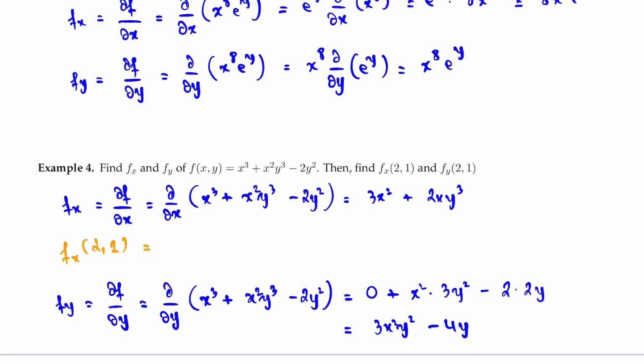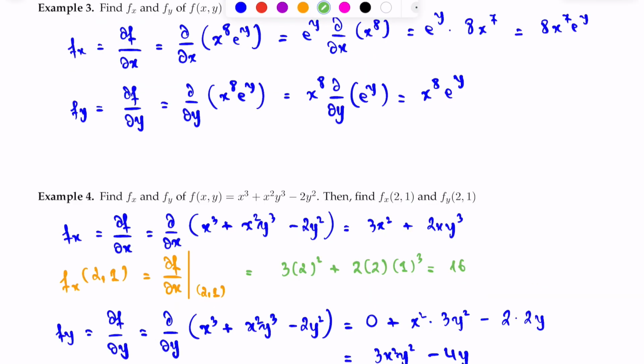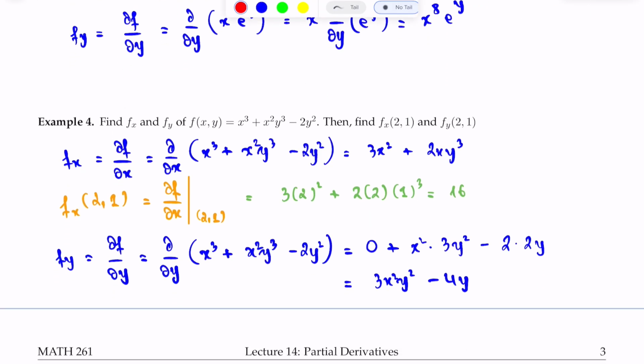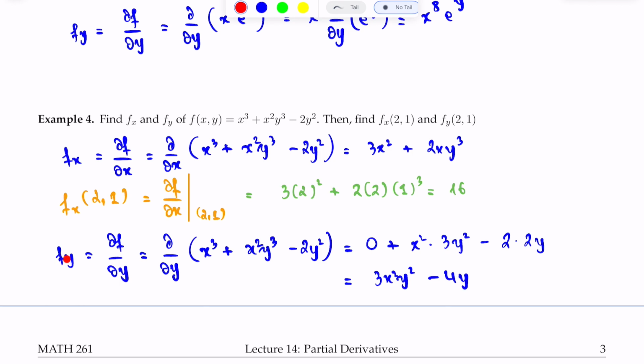Another way to write this notation is partial f partial x with a big vertical line at (2, 1), to indicate that you want to evaluate the partial derivative of the function with respect to x at the point (2, 1), that is x equal to 2 and y equal to 1. And you get 3 times 2 squared plus 2 times 2 times 1 cubed, and the answer should be 16.